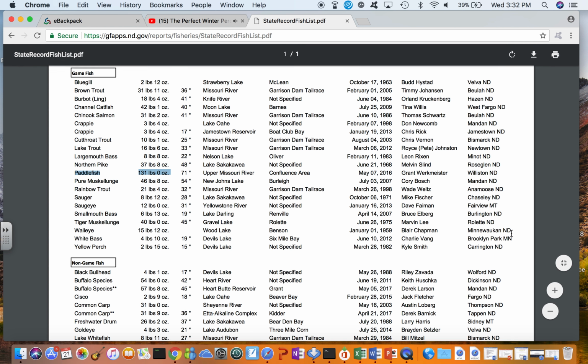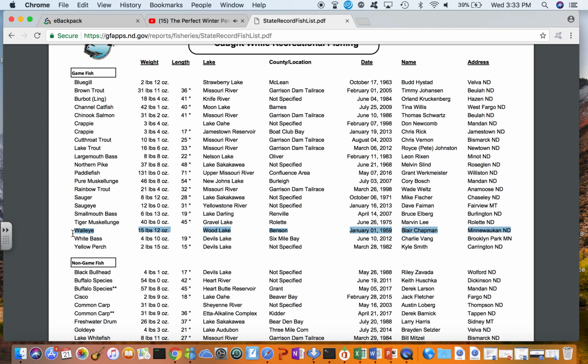The last one here that I'm going to just touch on is, if you look here, you have the state record walleye, which is 15 pounds, 12 ounces in a lake called Wood Lake, which is up north, up by Grand Forks. It's our oldest state record, if I'm not mistaken.